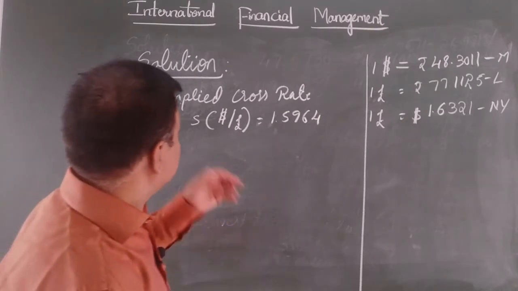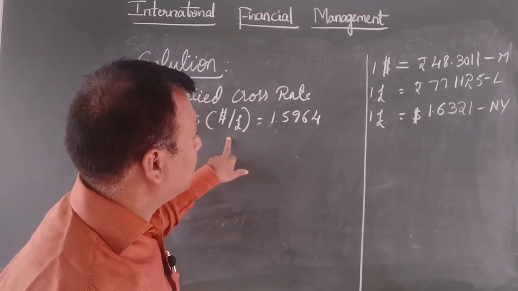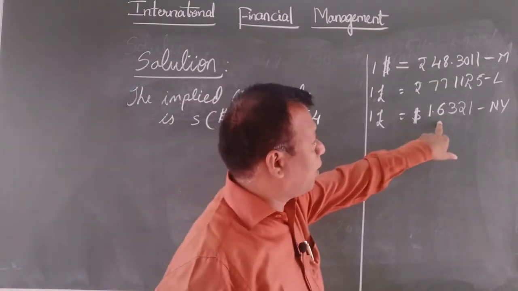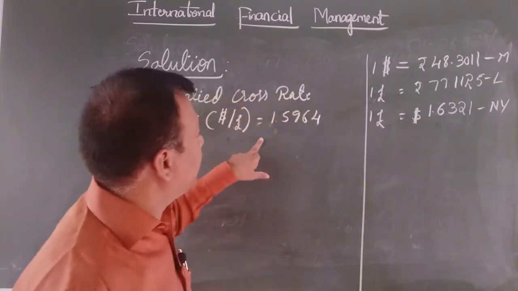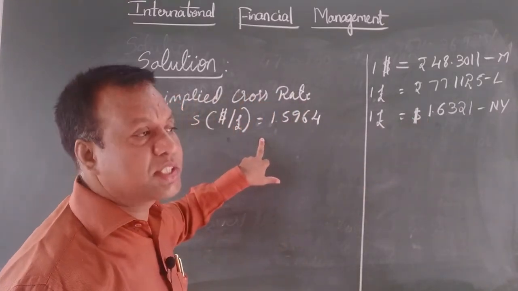You can see that for dollar and pound we have 1.6321, whereas the implied rate we got is 1.5964.